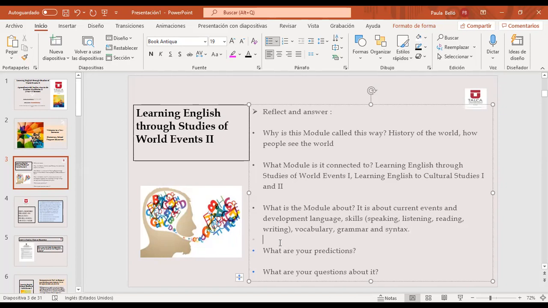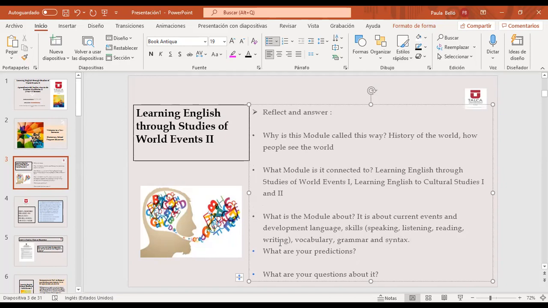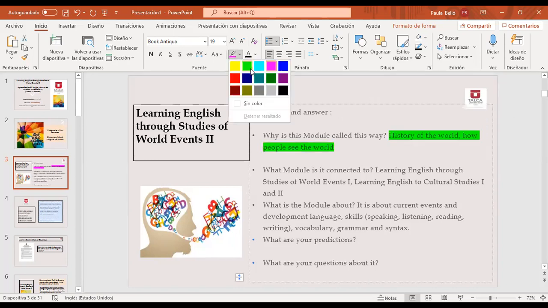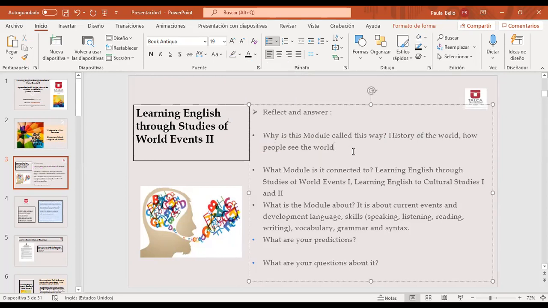Okay, and what are your predictions about the module? Which predictions can you have? Any predictions? Romina, Daphne? We will learn about history.